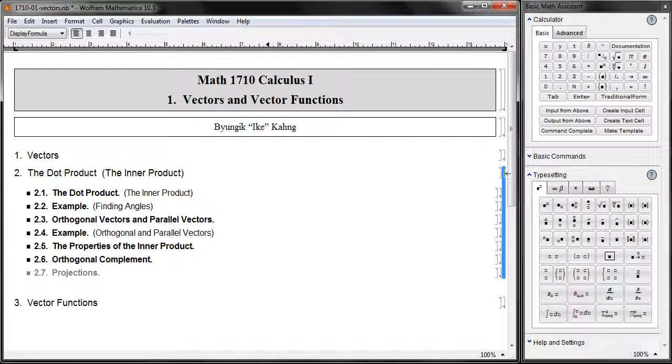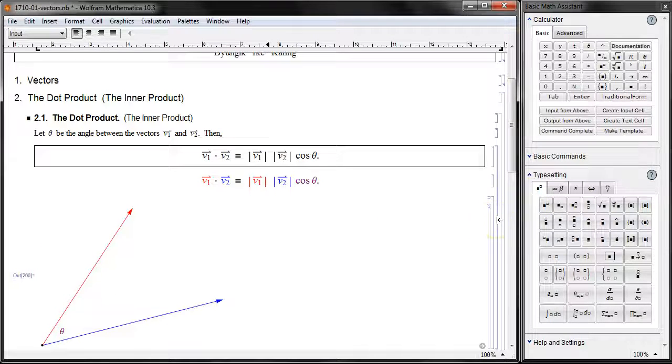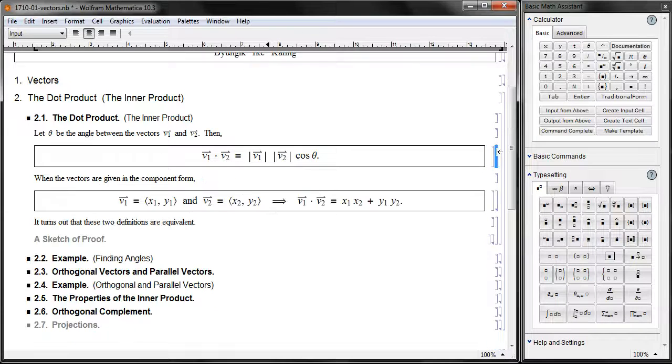And then we talked about the dot product. Geometrically, we can define dot product like this: v1 times v2 times cosine of theta, when the angle theta is given. Why cosine of theta? Interesting question, but I don't want to talk about that at Calc 1 level. Let me postpone that to Calc 3.